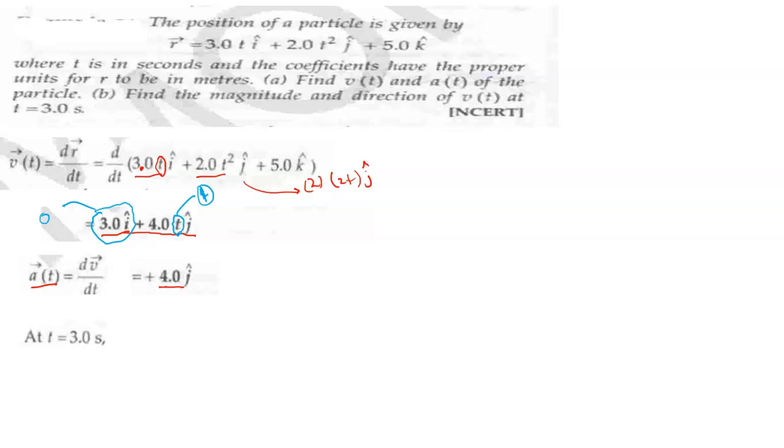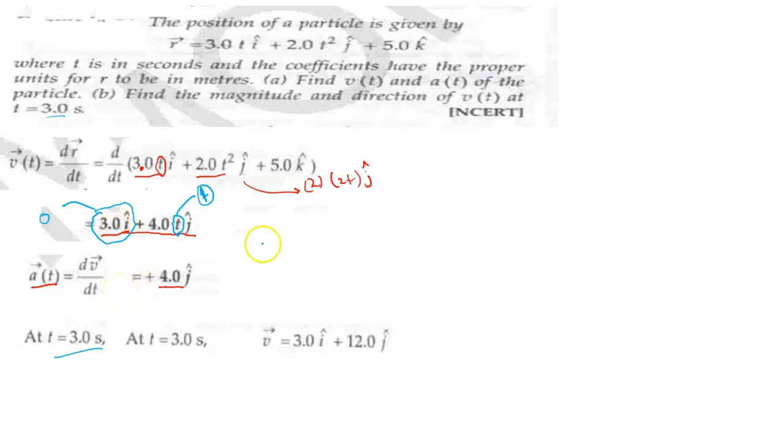Okay, now let's go for the condition. The condition is t equals 3 seconds. For the velocity, we consider v of 3 seconds. There is no t in the first term, so this 3 remains as it is.